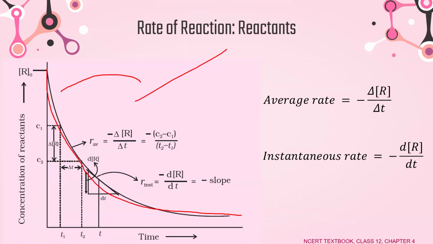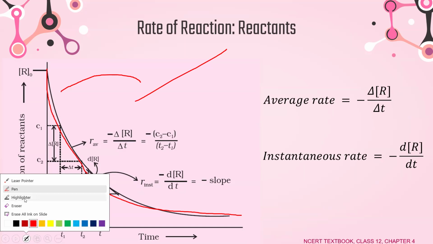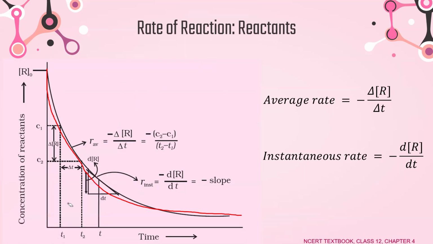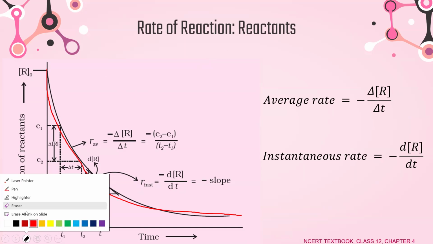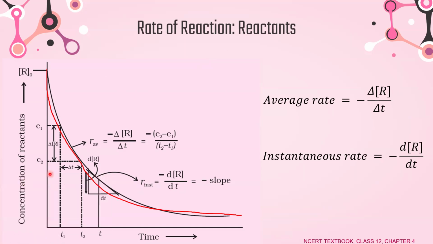The reason is that since it is a reactant, it is going to get consumed when the reaction starts. Since this is the concentration of reactant versus time, as time passes the concentration of reactant is going to decrease. That is why we get this graph going down.